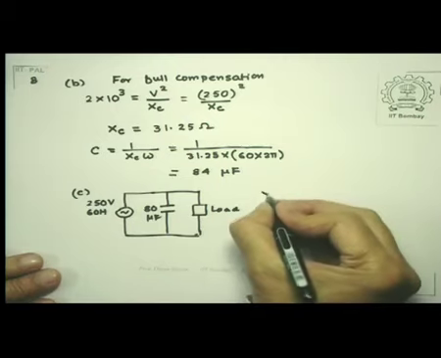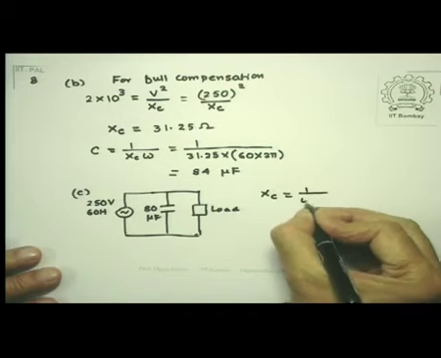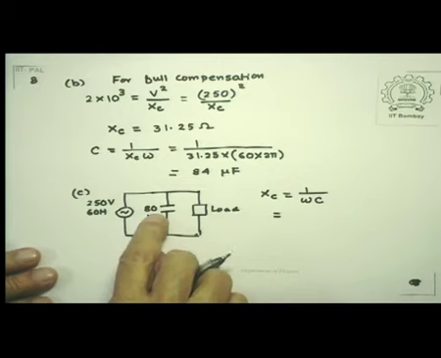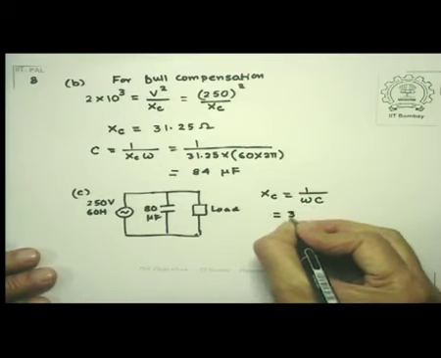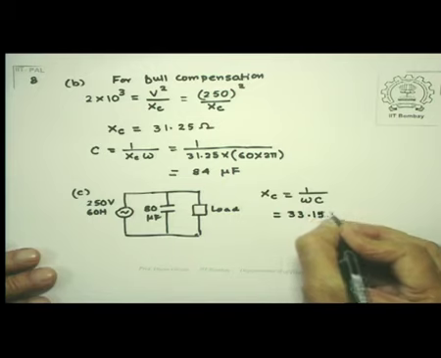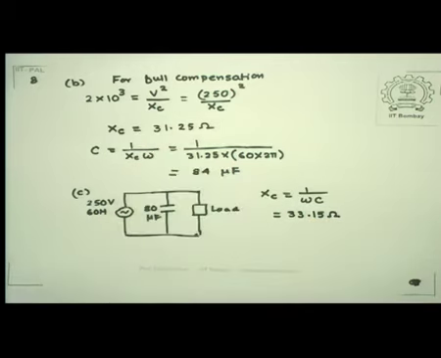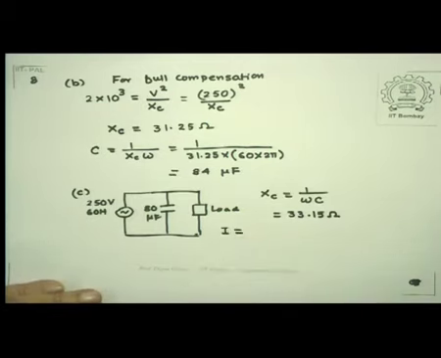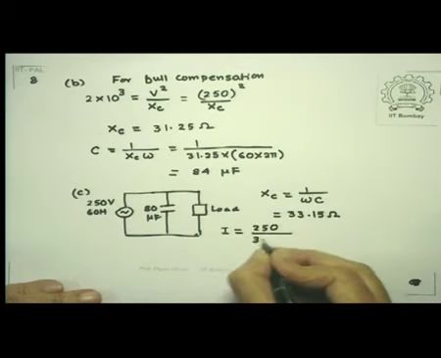Now the capacitive reactance corresponding to 80 microfarad, you can easily calculate, it's 1 over omega C. C is 80 into 10 to the power minus 6. So put those numbers, omega is 2 pi into 60, you will get 33.15 ohms. Remember, it's slightly more than this. So the current that is being drawn is 250 divided by 33.15.